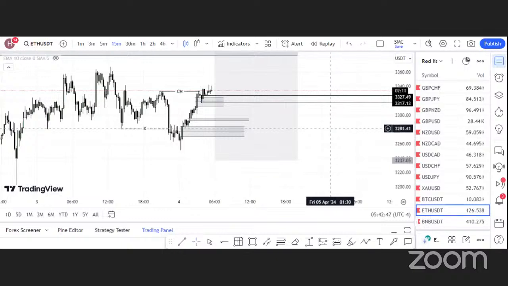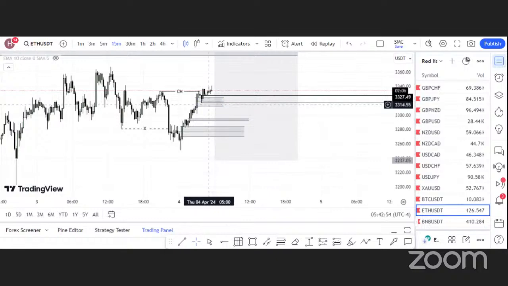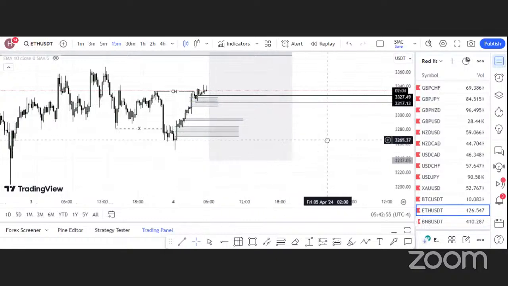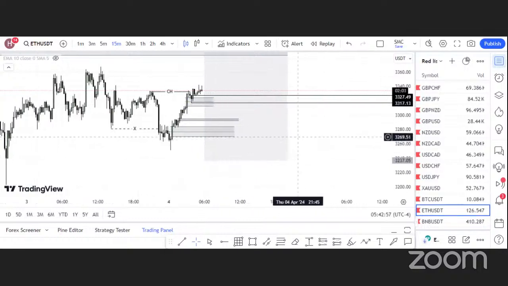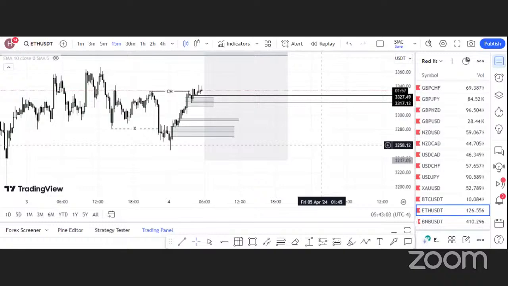Whichever one happens first, we take our buy entry. This is the 15 minutes time frame. All right. So we have an analysis here. Let's proceed.